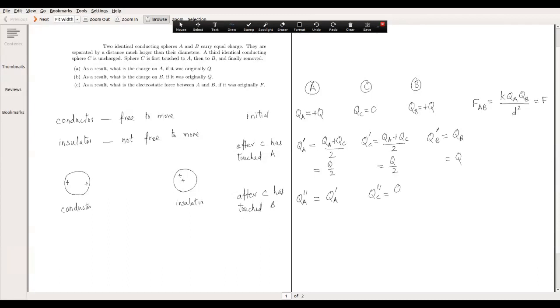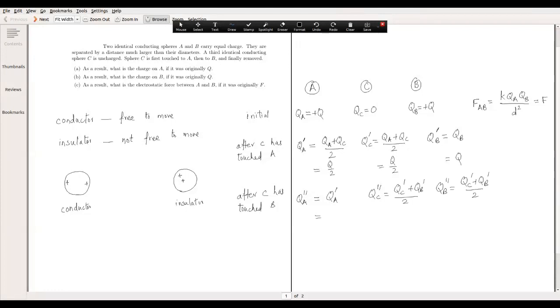So this will be QC prime plus QB prime over 2, and here it will be QB double prime will be QC prime plus QB prime over 2.